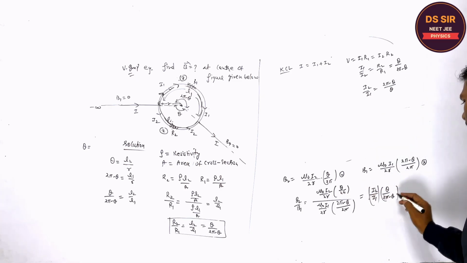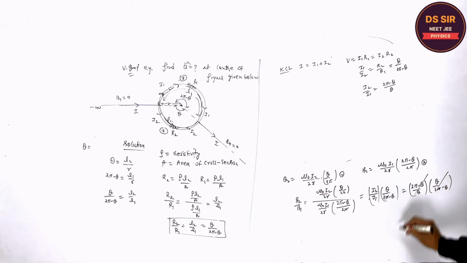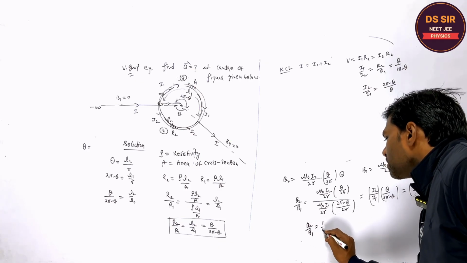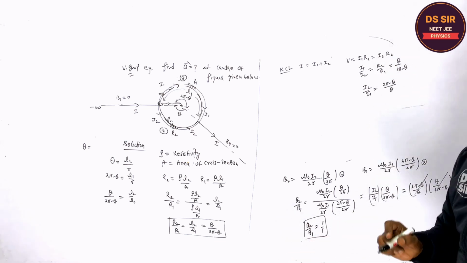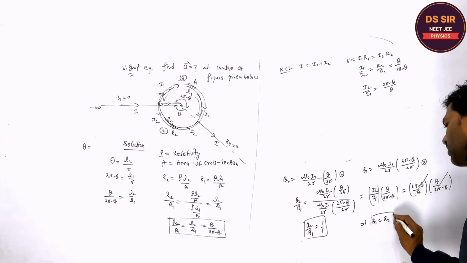So can you put the value? 2 pi minus theta upon theta into theta upon 2 pi. It will cancel. So B2 upon B1 is what? 1 is to 1. What does it mean? B1 and B2 are equal.